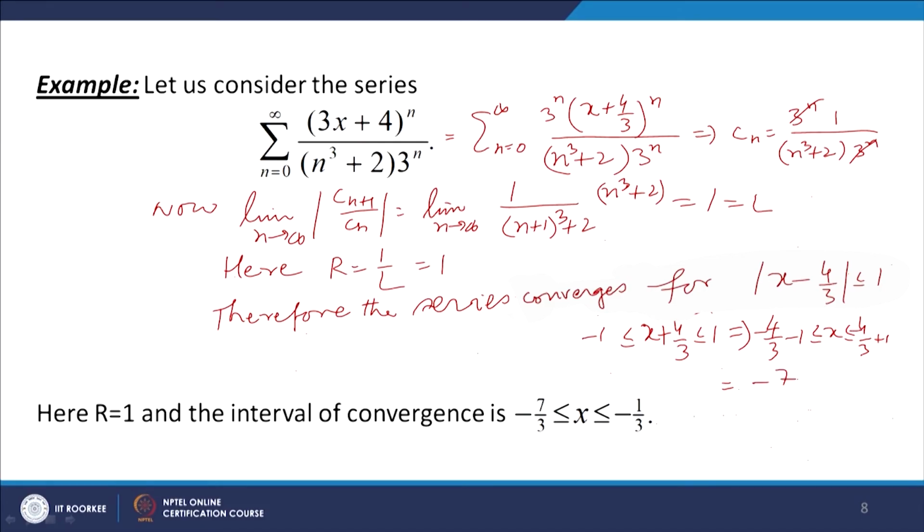So, this is minus 7 by 3 less than or equal to x less than or equal to minus 1 by 3. So, this is the interval of convergence.